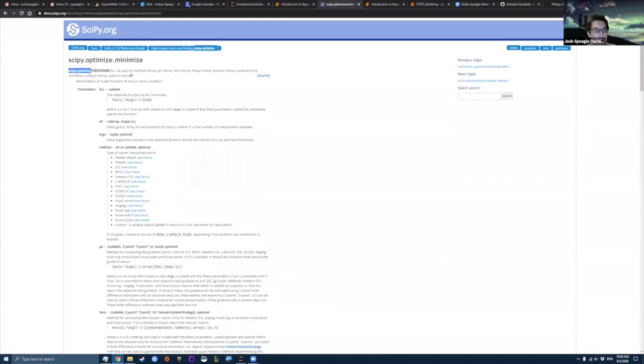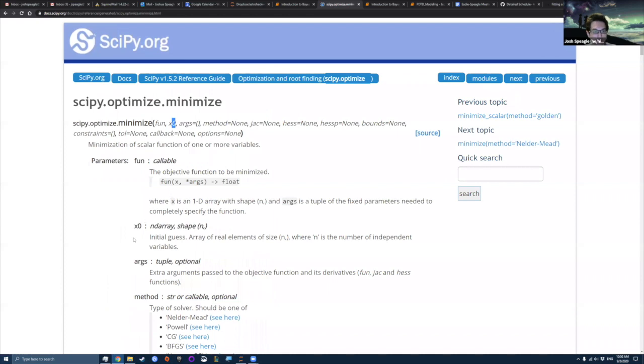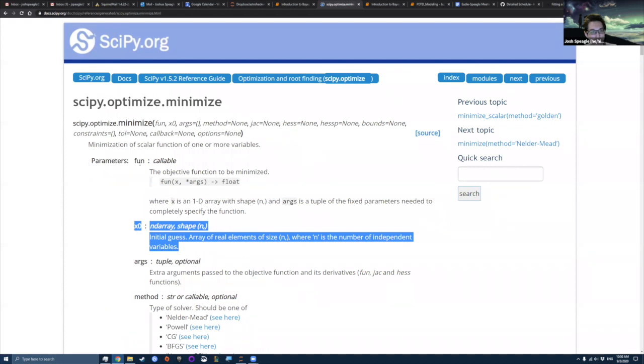If you want to use minimize to find the smallest value of the function, it looks like we just need to pass in 2 parameters. One is the function itself, and the other, if we zoom in here, is an initial guess. It's this x0 array. We just need to pass in the number of variables, that's the initial guess to this function.